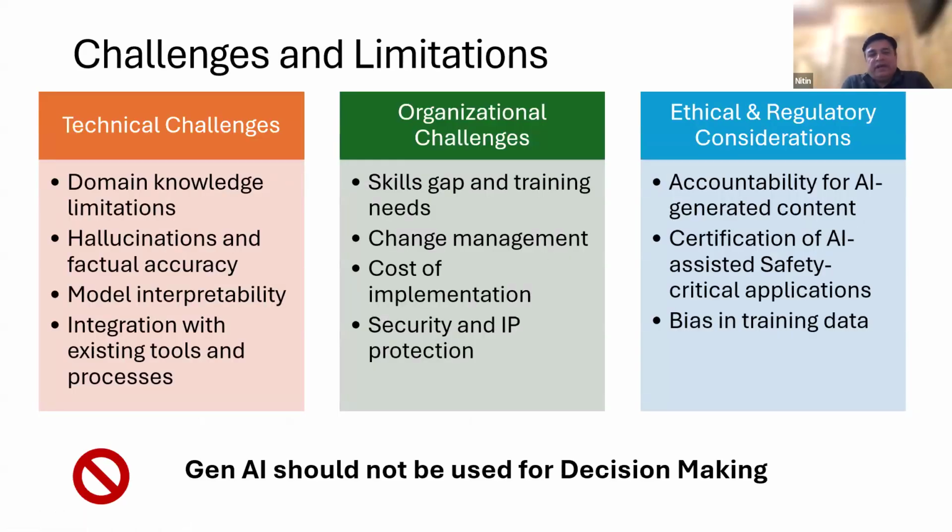Like everything, Gen AI has its own set of challenges. There are multiple types of challenges which Gen AI is faced with. The first is technical challenges. Of course, the LLMs are trained on a vast majority of datasets, but they are generic in nature. Means they are not specifically trained for a particular industry, whether we talk about the aerospace industry or auto industry or medical.